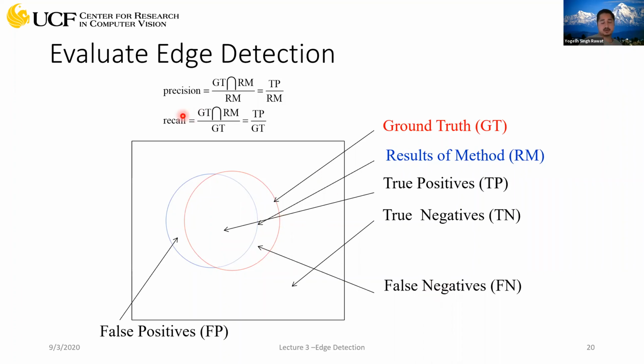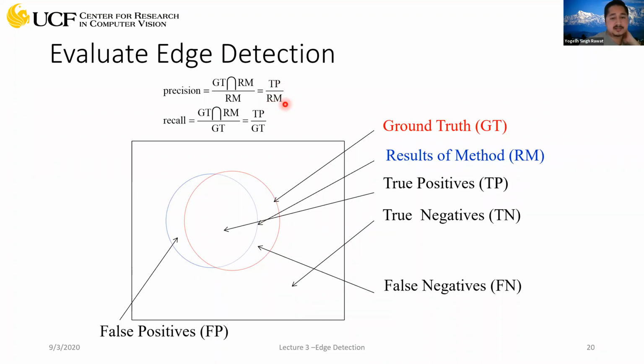Now we have two different measures, precision and recall. So precision will be this formula. You compute true positive over everything you predicted, and recall is true positive over the ground truth. Let me try to explain the interpretation of these two. Precision means whatever you predicted, how much of that was true.